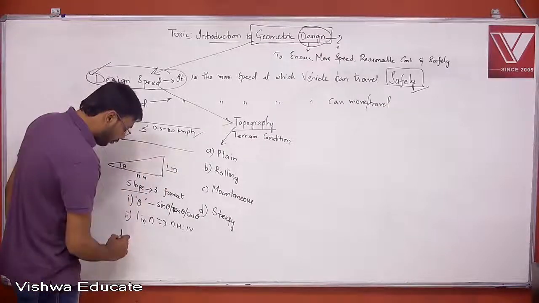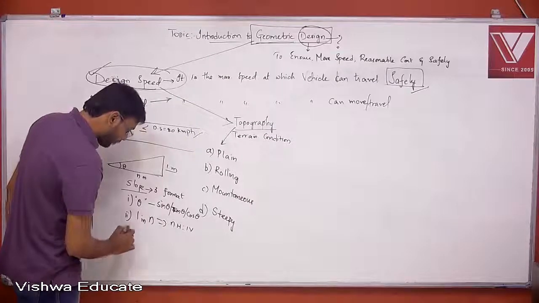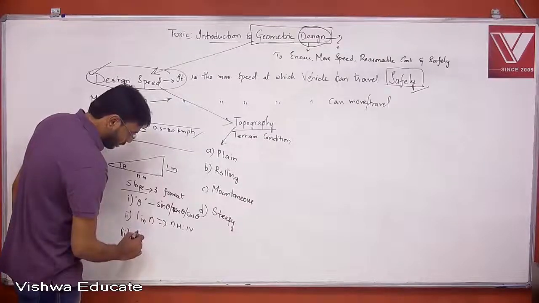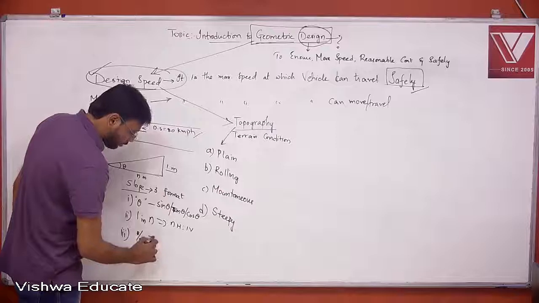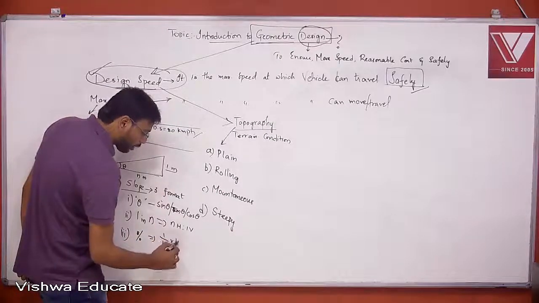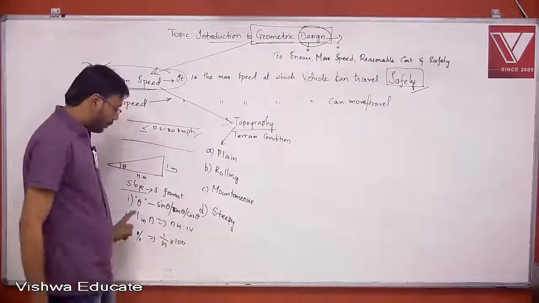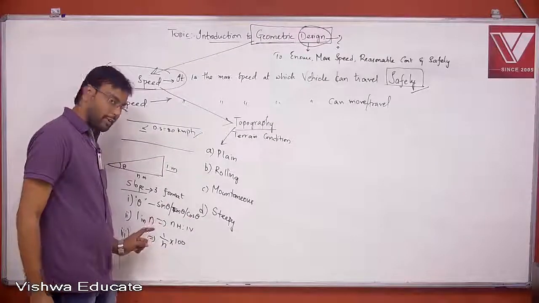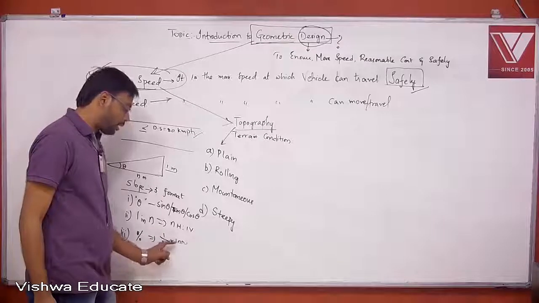And the third way of representing is percentage format, which is nothing but 1 by n into 100. The same 1 in n, I have written it as 1 by n into 100.